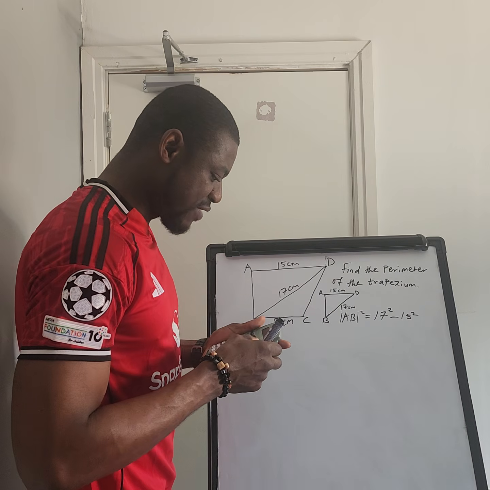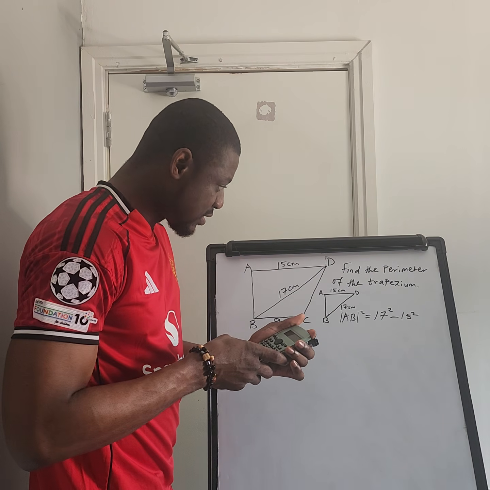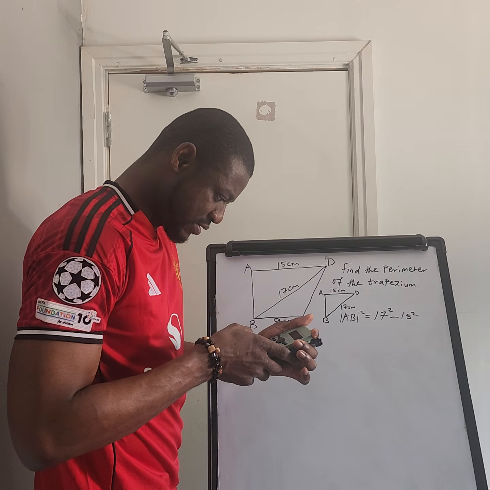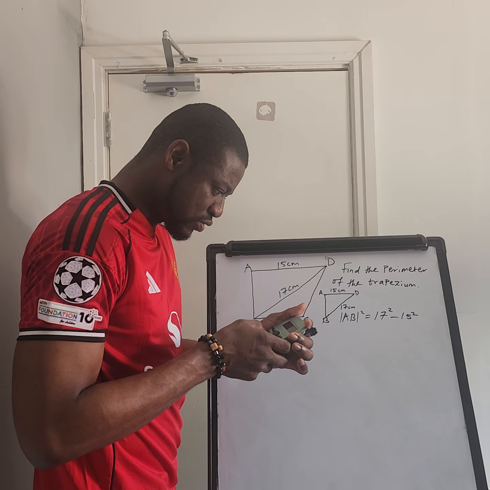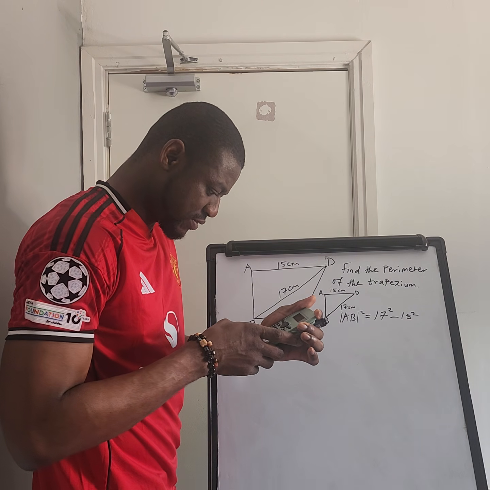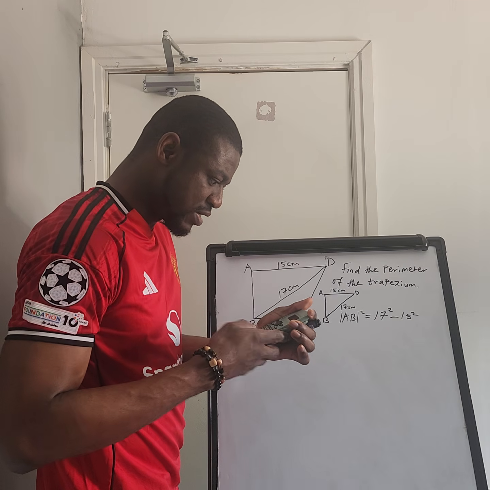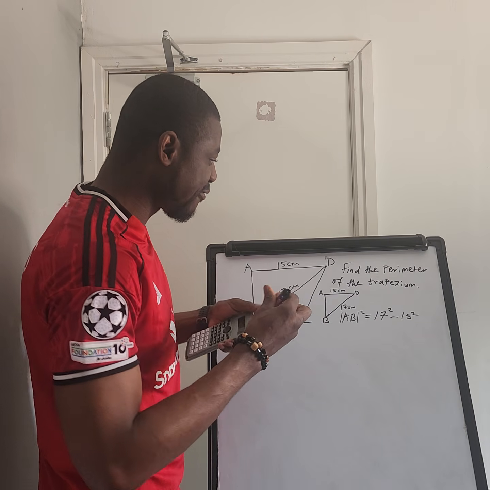And that quickly will give us 17 squared minus 15 squared will give us 64.